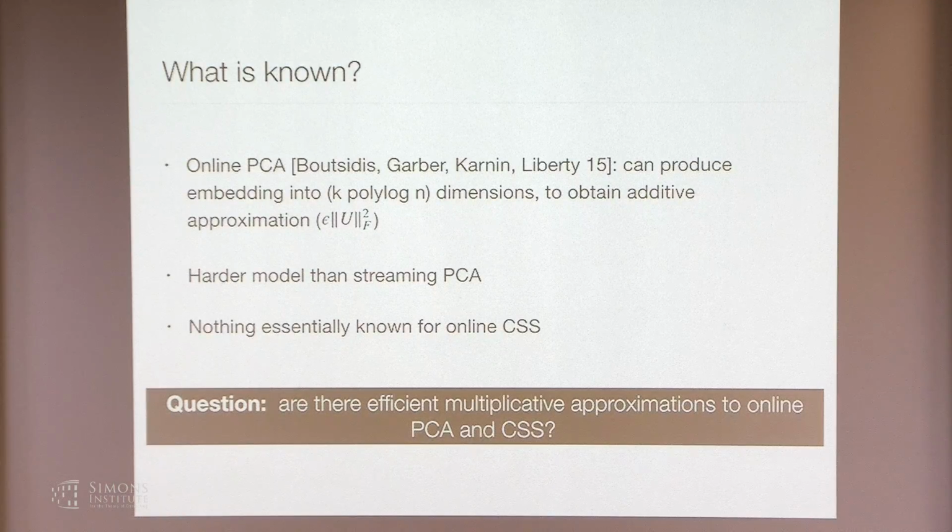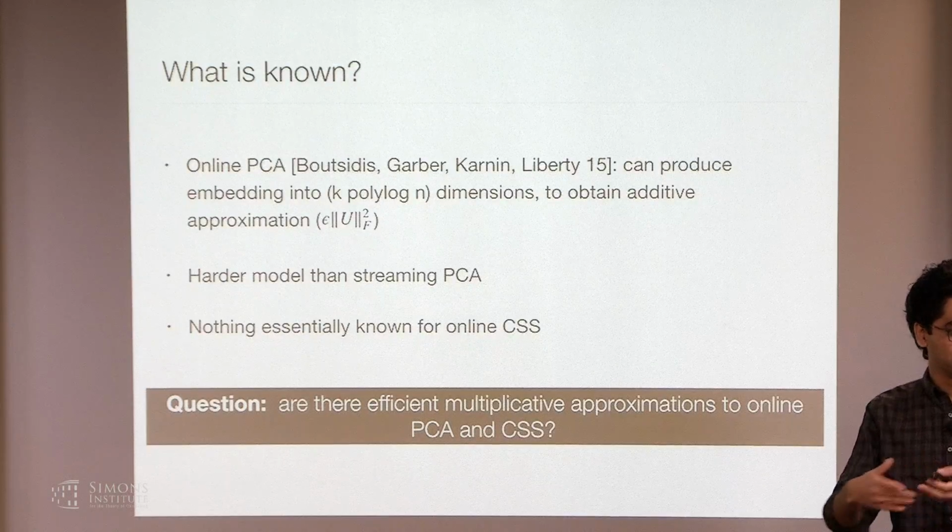This is the best known approximation, and it is a much harder model than streaming algorithms for PCA, because you have to commit to an embedding before you see the rest of the matrix.